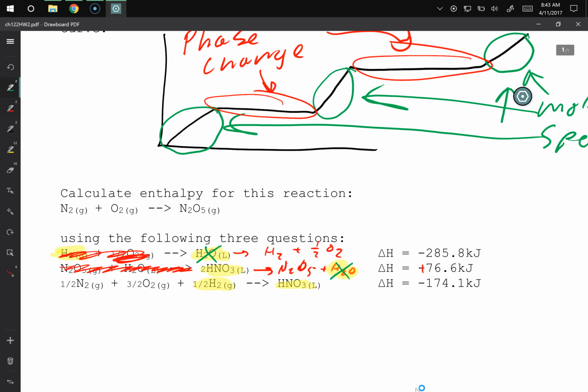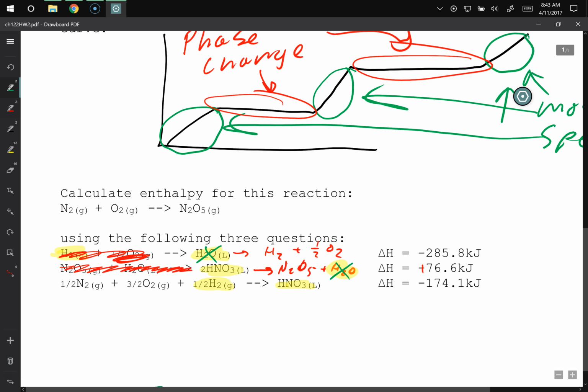I cannot cancel out my hydrogen or my nitrogen. So if I multiply this whole thing by 2 here. Oops. So let's make this 2 times bigger. That turns into a 1. This turns into 3.